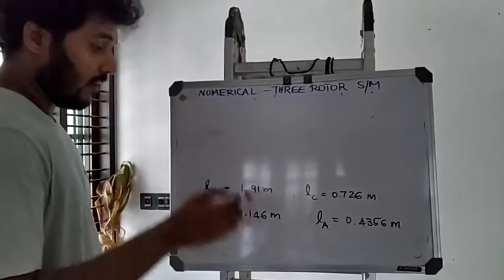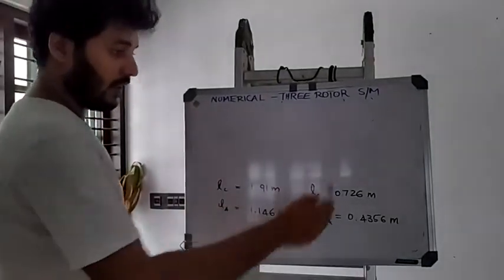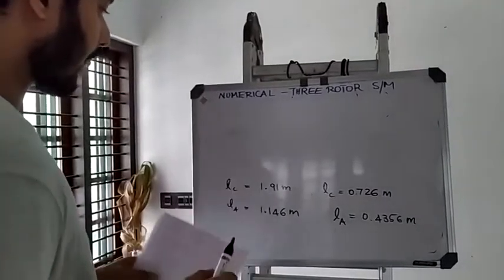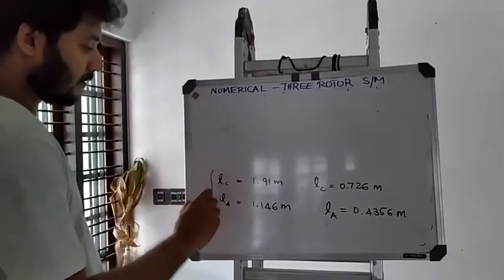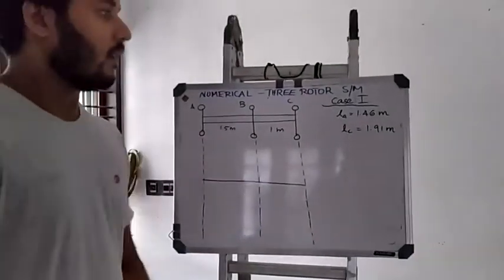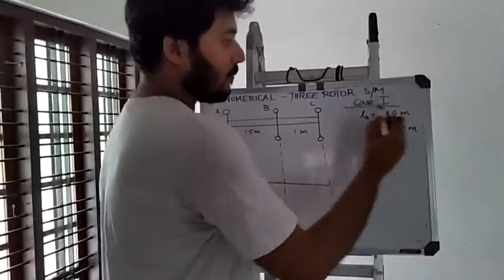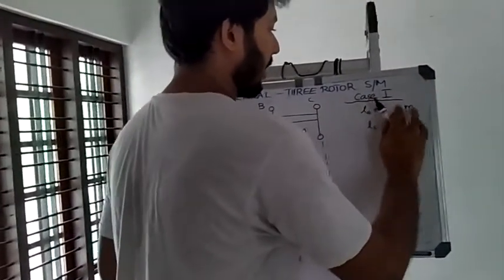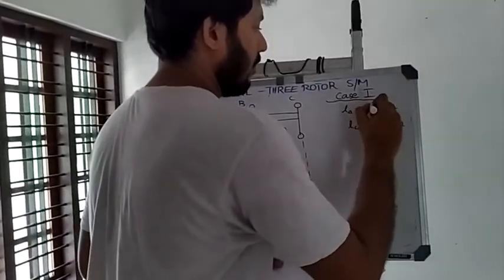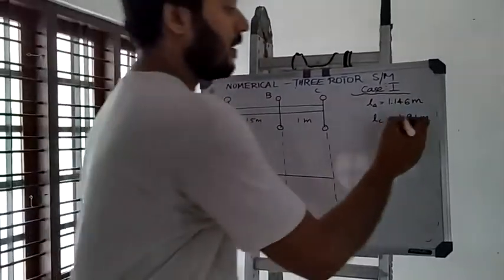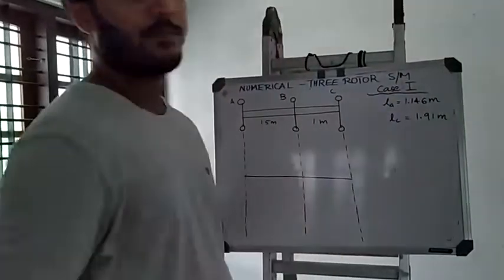So we have to take either this set first and this set second, or vice versa. Now let us start by considering this set of values first. Let us take LA equal to 1.146 meter and LC equal to 1.91 meter as the first set of values.